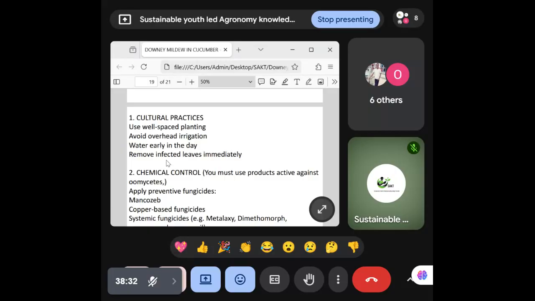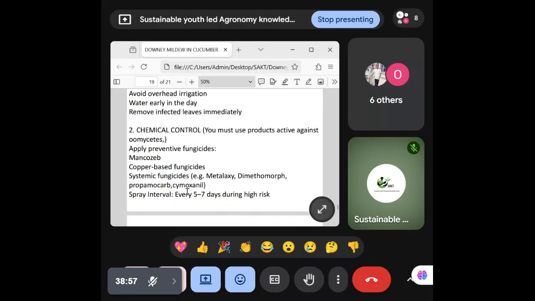So this is beyond the farmer's control, because it's climate, except maybe you are growing inside the greenhouse and all that. But if you're an open field farmer, when it comes to a critical stage, you may have to use chemical control. When we are talking about chemical control, like I said before, when we began the class, we explained that downy mildew is not totally a fungus, even though it looks like one.